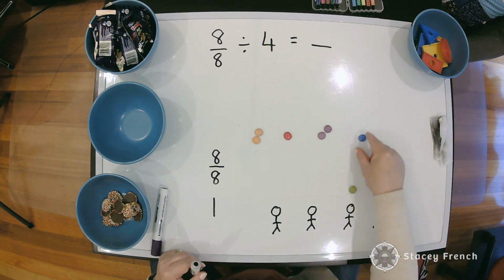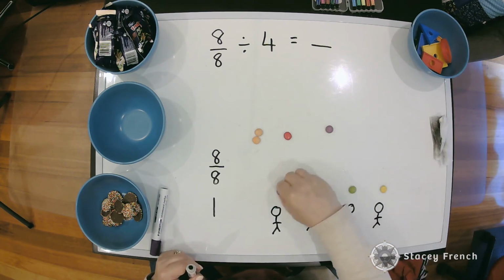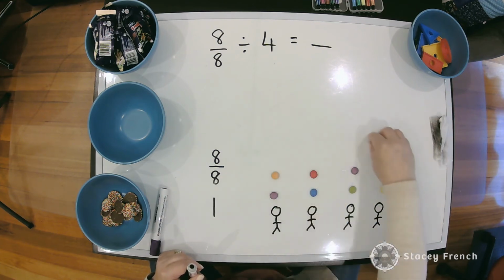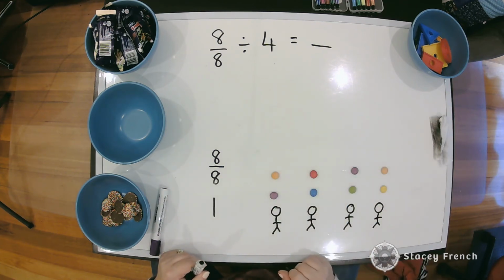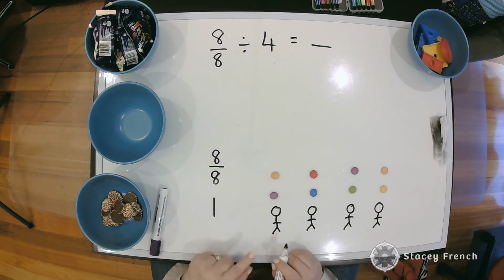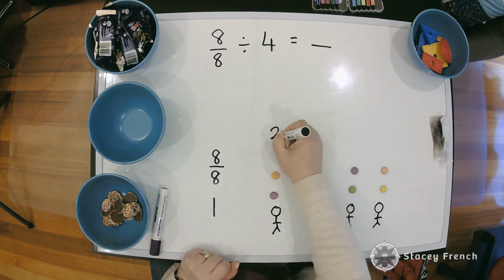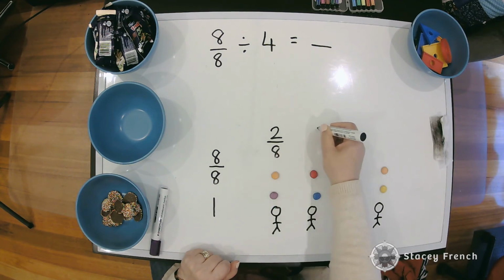1, 1, 1, 1, 1, 1, 1, 1. Each person will get how many? 2. 2 Smarties each. What fraction will they each get? 2 out of 8.